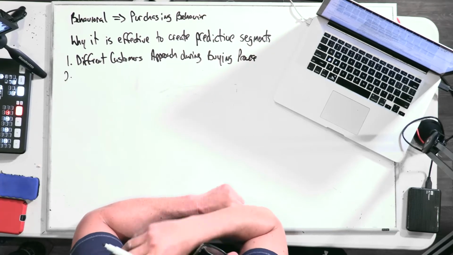Number 2, it takes what should be an easy sale. It takes you through the process of what are the complexities. Why is it difficult for a user to make a decision to purchase your product?